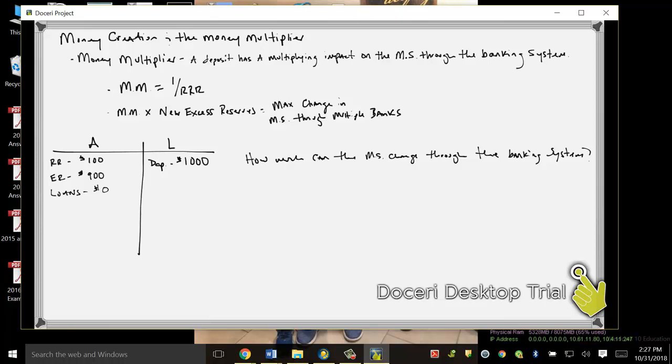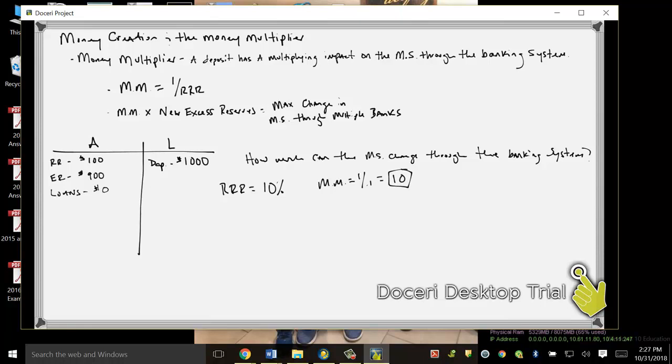So we know that the required reserve ratio is equal to 10% because our bank is holding 10% of its deposits in required reserves. So that tells me that the money multiplier, MM, is equal to 1 over 0.1, which in this scenario is going to be 10. So we have a multiplier of 10.